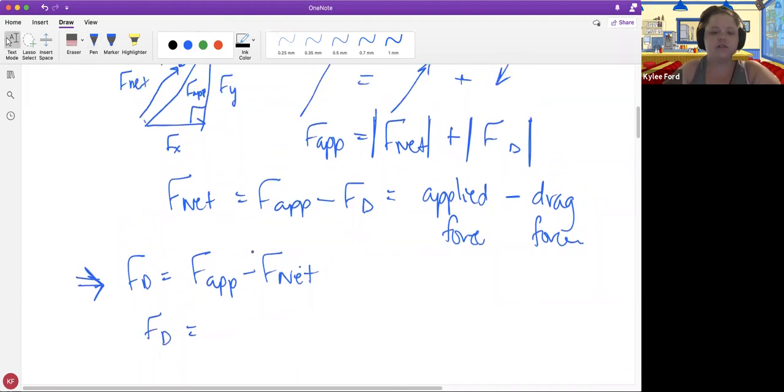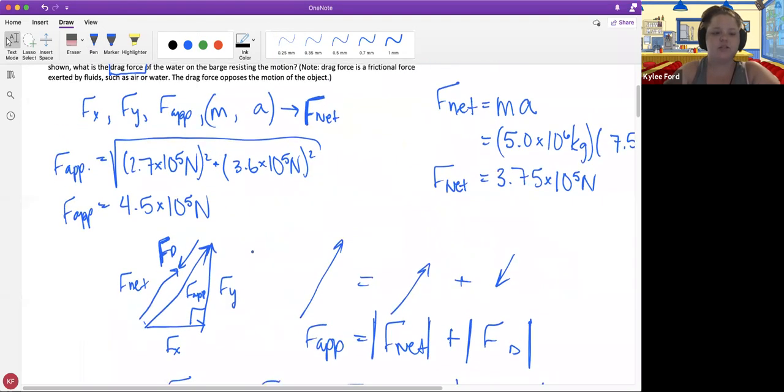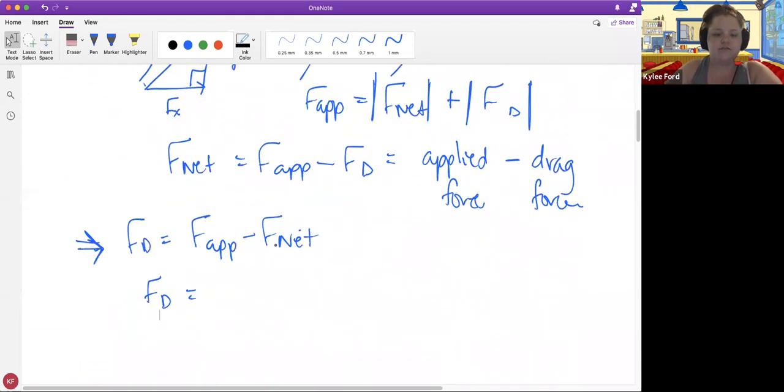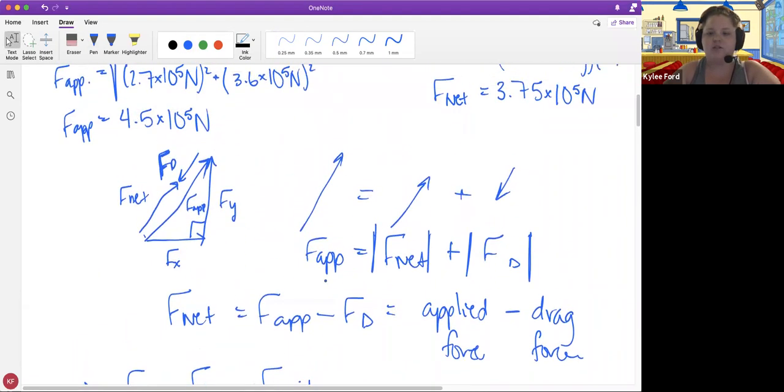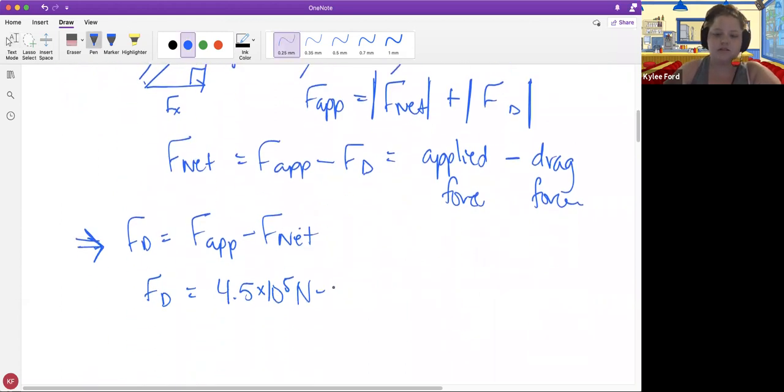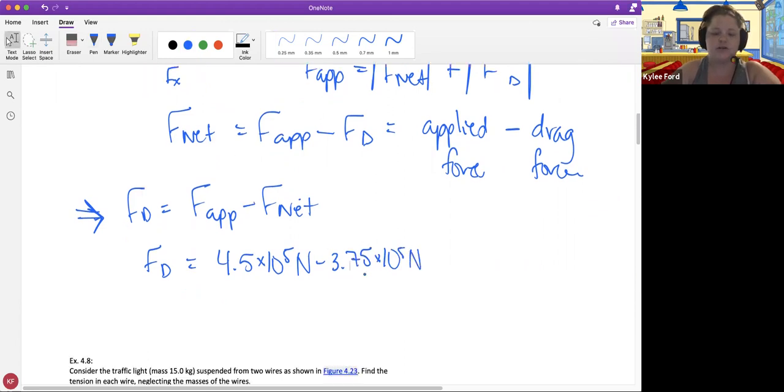My drag force is going to be my applied force, 4.5 times 10 to the 5th newtons, minus my net force, 3.75 times 10 to the 5th newtons.